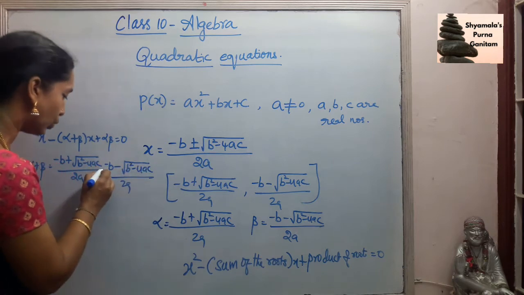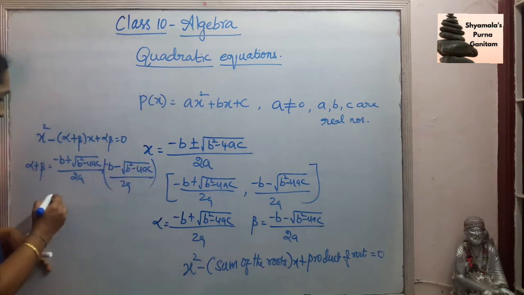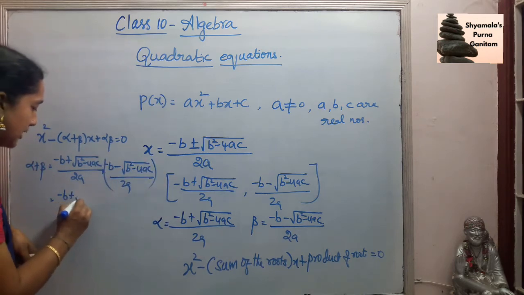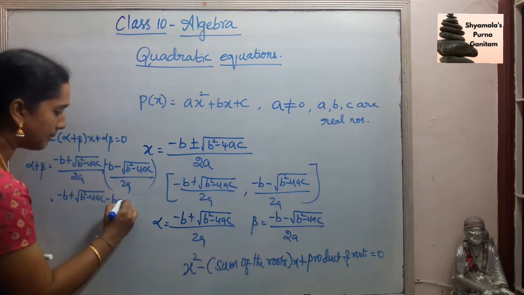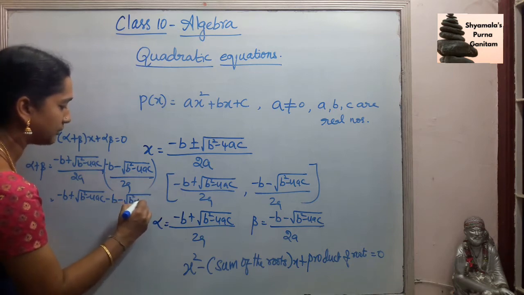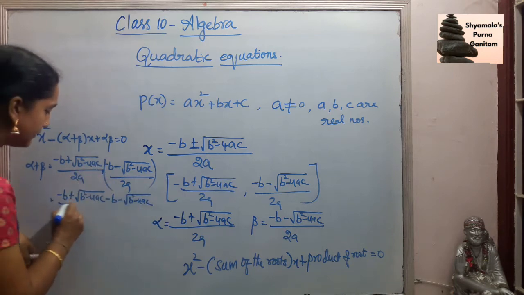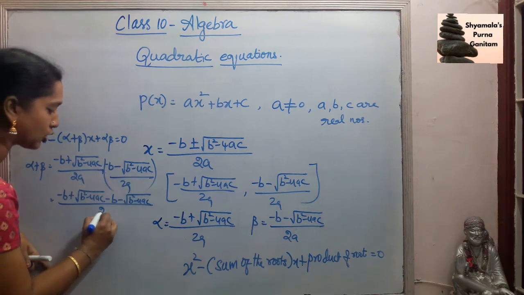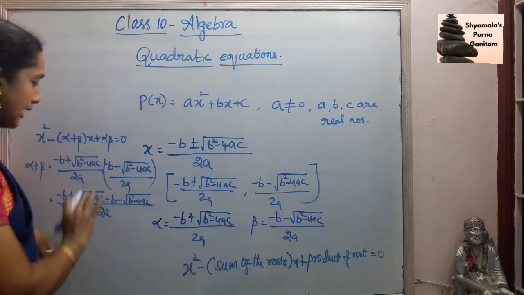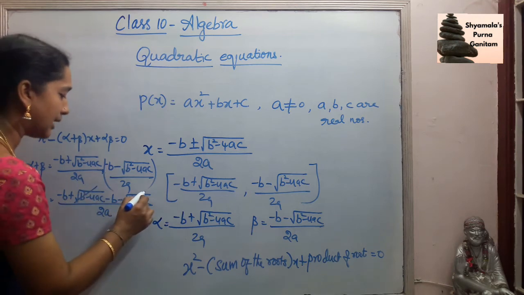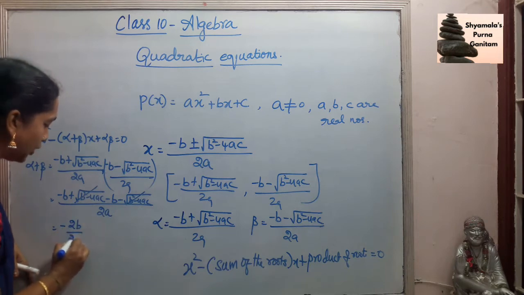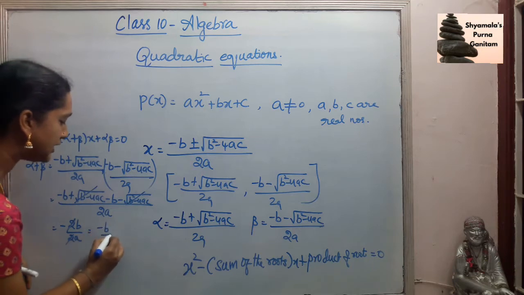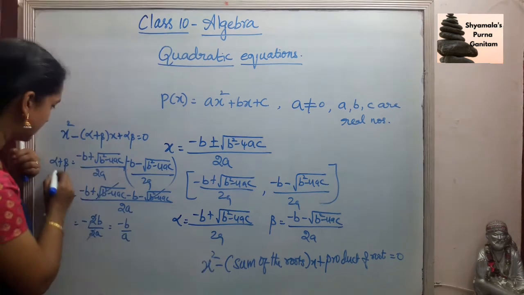We are going to add these two roots. The denominators are also same, so we can write the numerators as it is. Plus root and minus root will get cancelled. So we will get minus 2b by 2a. When we cancel this, we will get minus b by a.